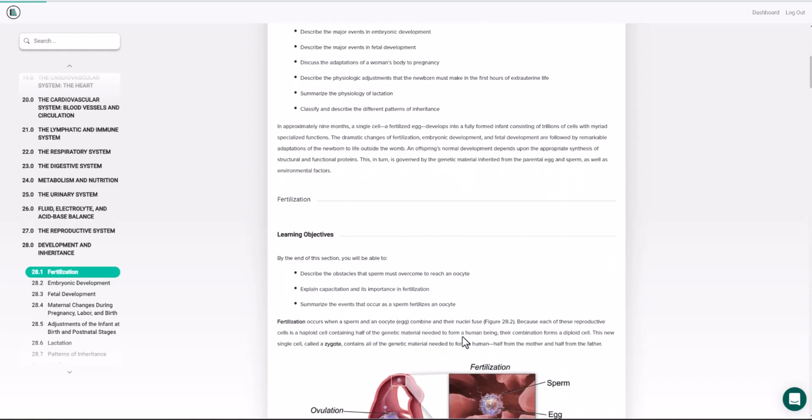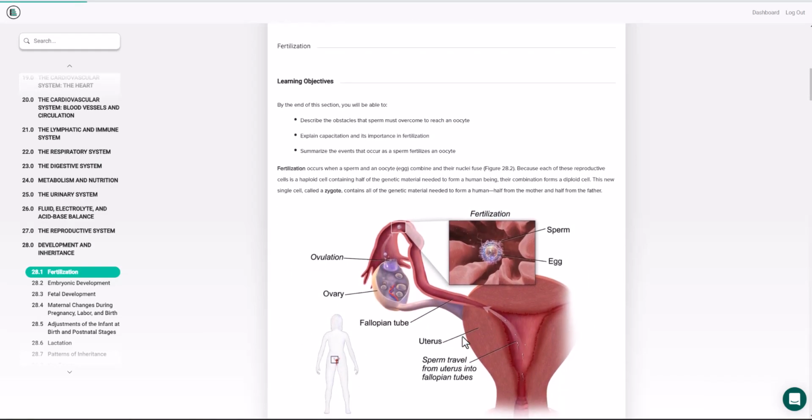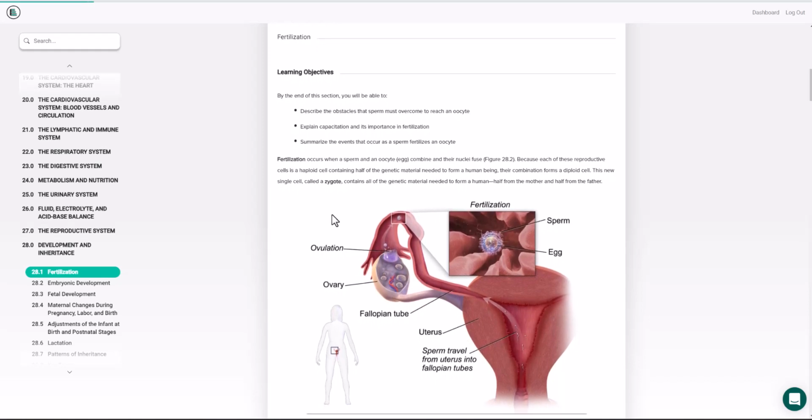This is truly a fascinating process, and I'm really not going to be telling you anything here that you don't already know. But remember, fertilization is the coming together of egg and sperm. When that happens, the DNA from the sperm penetrates into the egg and meets up with the DNA of the egg, and that restores the genetic information from being haploid.